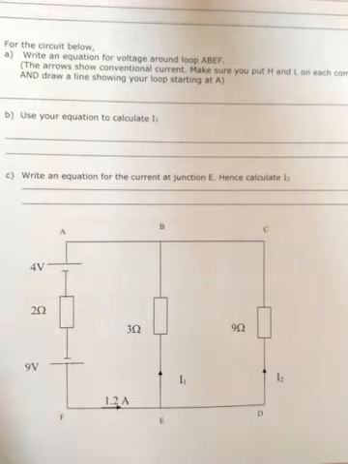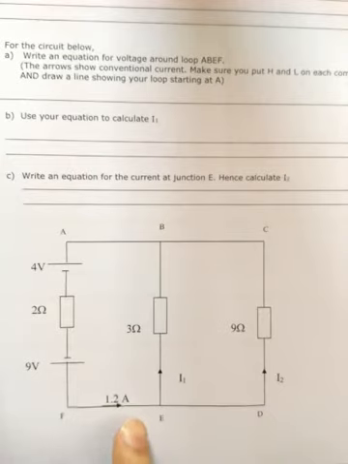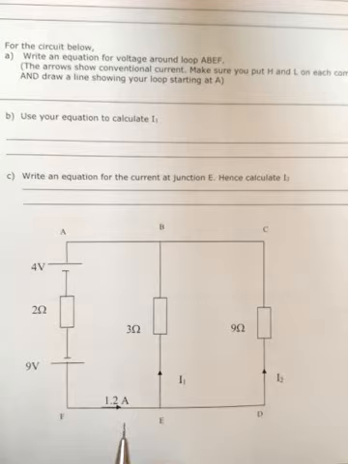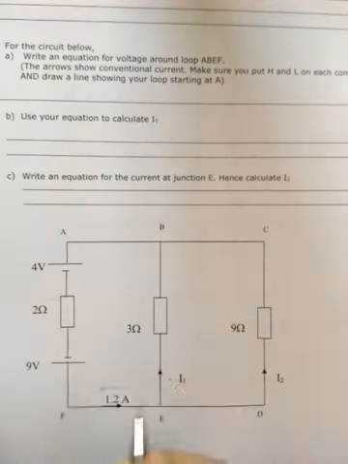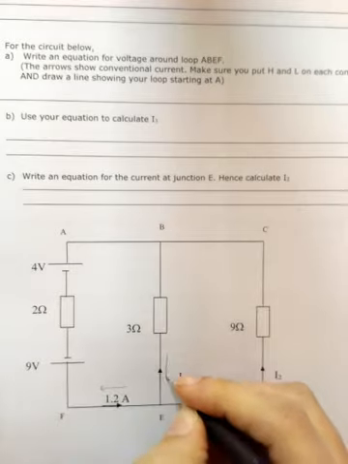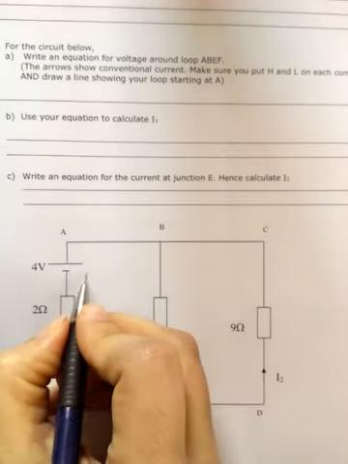So this is given to us in terms of conventional current flow here. Okay, now in your notes we're looking at electron flow. So your electron flow will be in this direction, coming down here, your electron flow will be in this direction. What we've got to work out is which is the high and the low side of everything.